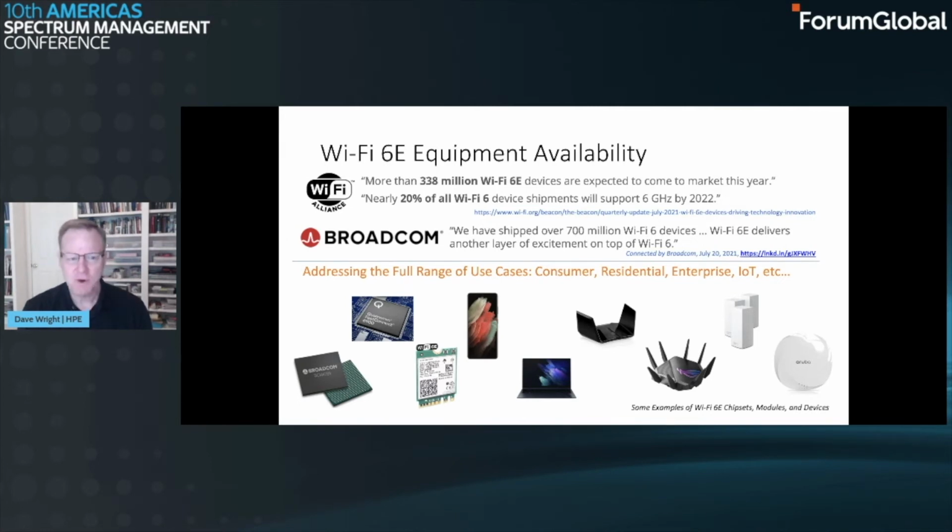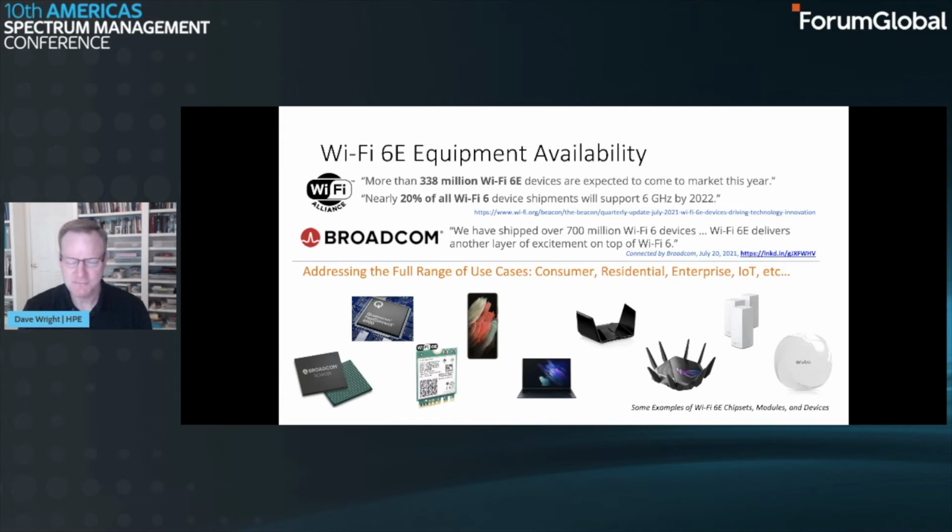You see at the top, the Wi-Fi Alliance forecast that more than 338 million Wi-Fi 6E or Wi-Fi 6 and 6 gigahertz devices are expected to come to market this year, 2021. And that by next year, 2022, that number increases to about 700 million.